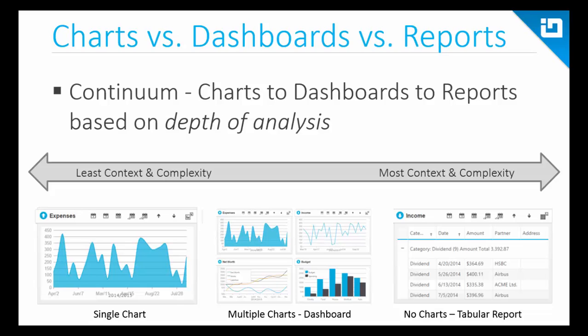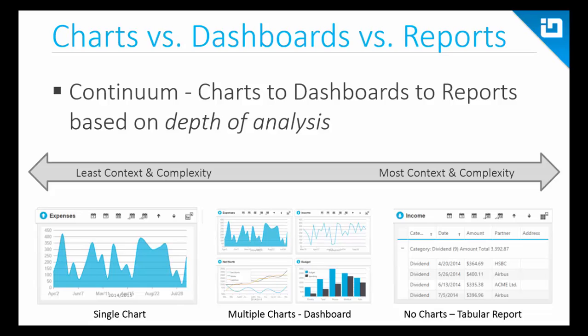So that gets a little more complex, but it has a lot more context to the story that we're trying to tell to the person that's consuming this data, so they can make better decisions and they can do stuff with this information. Then on the right-hand side, we have the most context, but the most complexity. So this is just a tabular report. This is where you get into those complex reports.